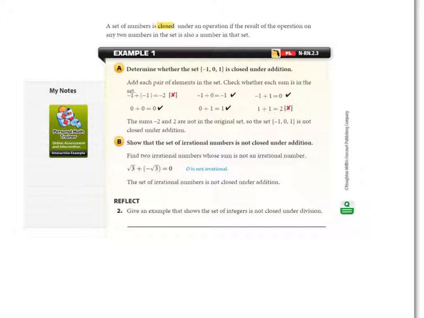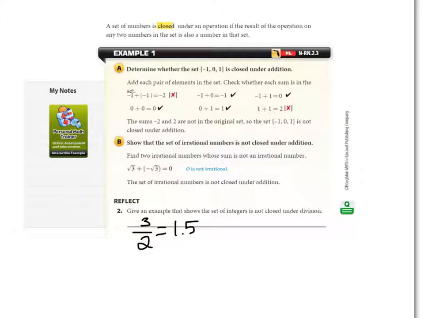All right, so any set of integers that would turn into a non-integer by division means it would turn into a fraction or a decimal. So for example, if I have 3 divided by 2, well, 3 is an integer, 2 is an integer, and if I divide those two numbers, I get 1.5, and since that's a decimal, that is not an integer.